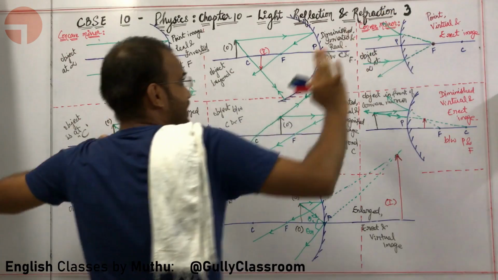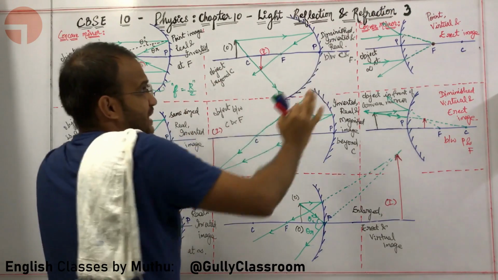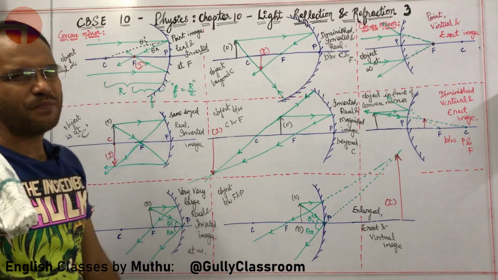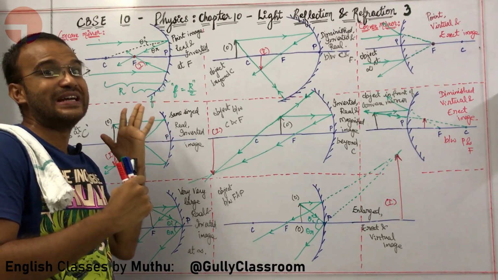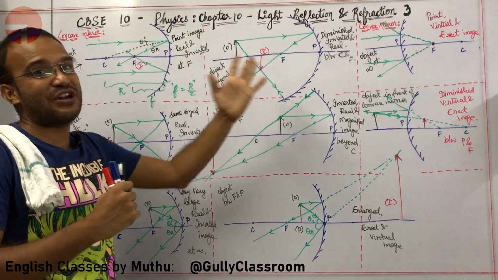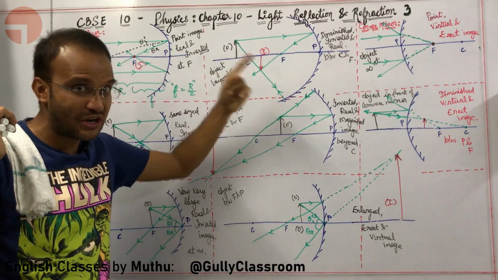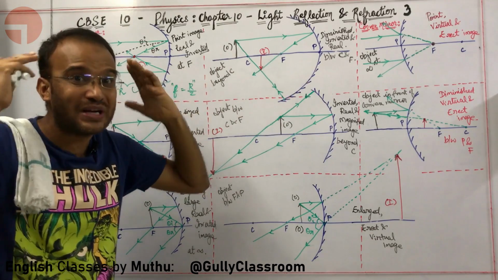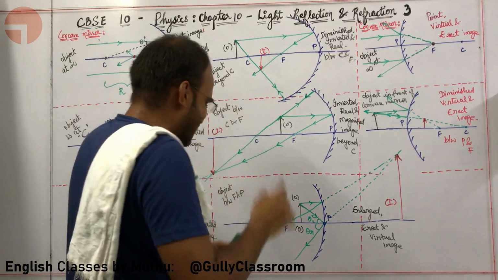There it is a virtual and erect image. When the object is at infinity, it is always a point image which is formed at F, whether it is a concave mirror or a convex mirror. It is an important point to compare and consider.